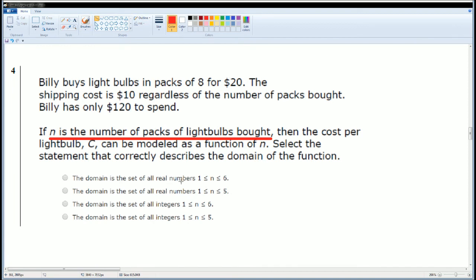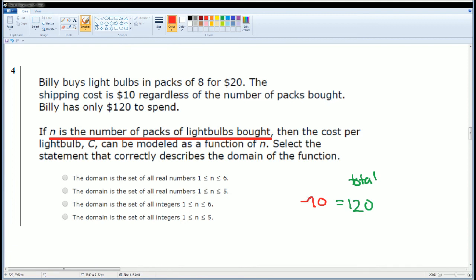So the shipping cost is $10 regardless of the number of packets, and he has, okay, a total of $120 to work with, right? This is his total amount of money. And he has to pay for shipping. So this is negative $10.